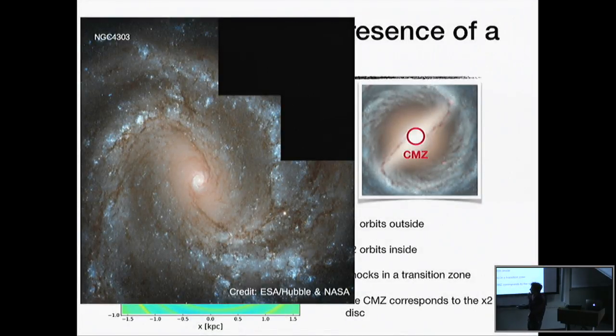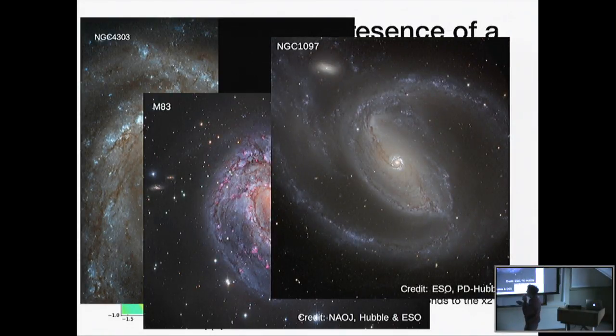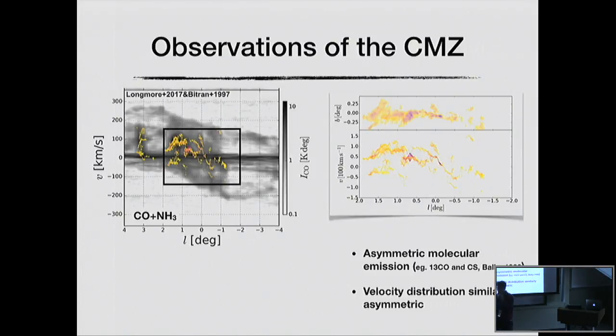Here are a few pretty pictures where you can clearly see the features that I just described in external face-on galaxies. For our own Milky Way, we have the problem that we are inside the disk and we don't have a face-on view of it.